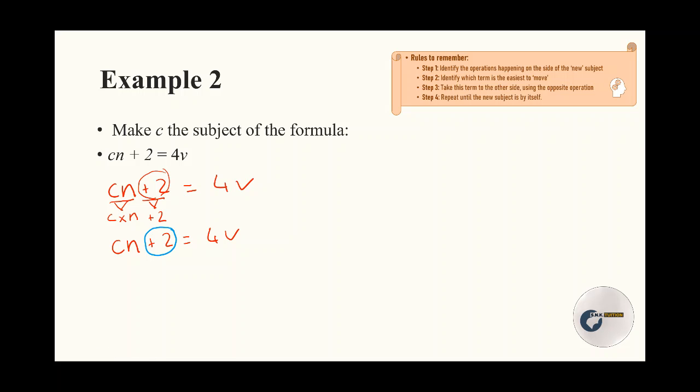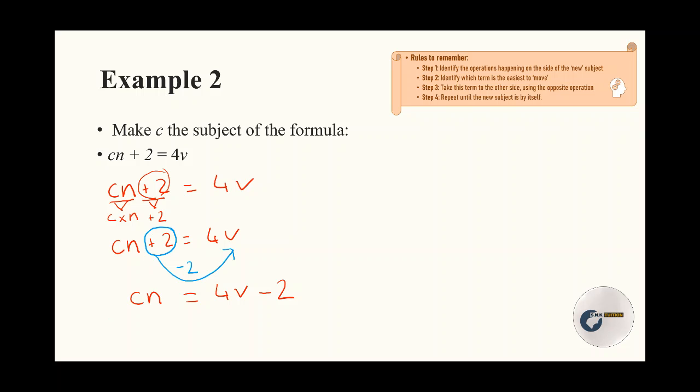I've identified that it is an addition operation that is happening, and I know I need to do the opposite now according to step 3, so minus 2. So this now makes Cn, because plus 2 and minus 2 cancel, and that leaves 4v minus 2.